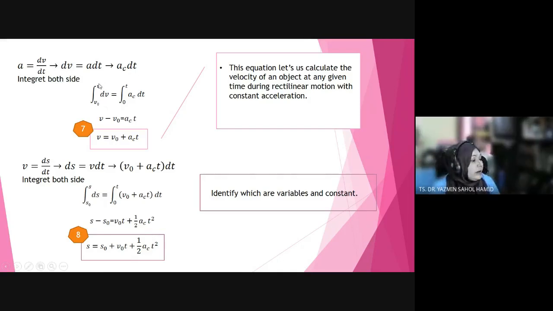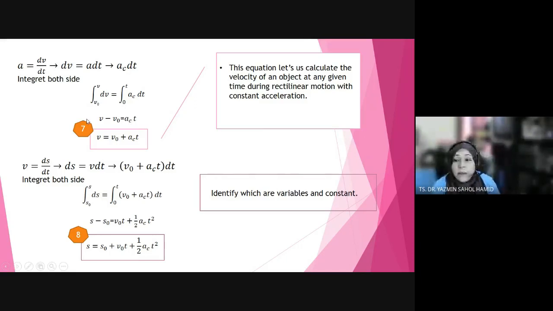We integrate at the left side, dv, towards v, and at the right side we integrate in terms of time. When we integrate dv, we get v minus v naught, and when we integrate dt, the time, we get a_c t. This is integration.